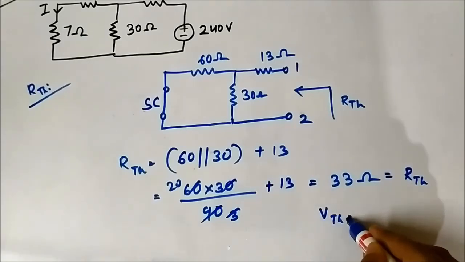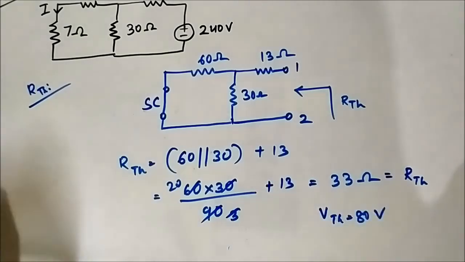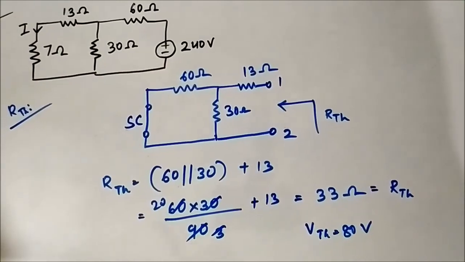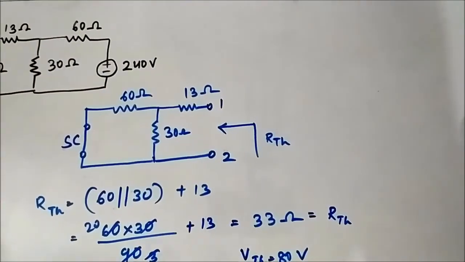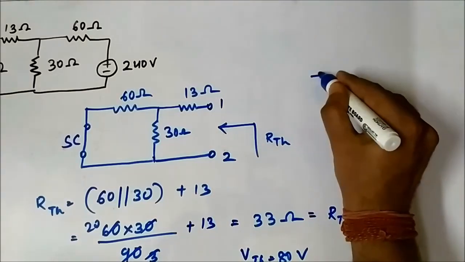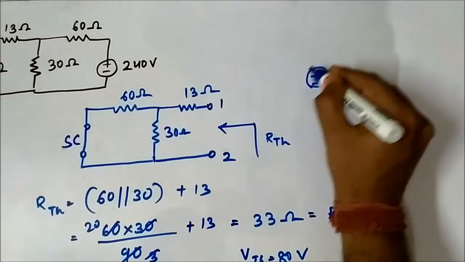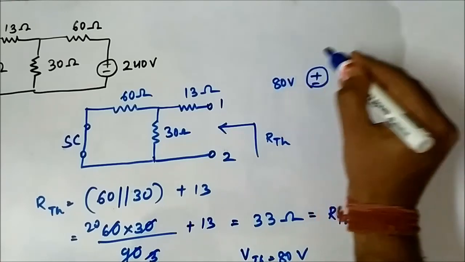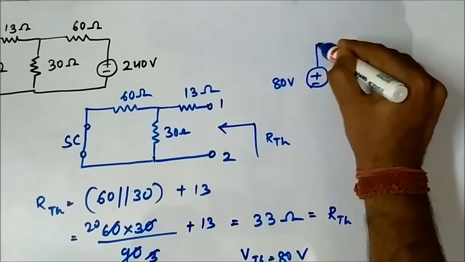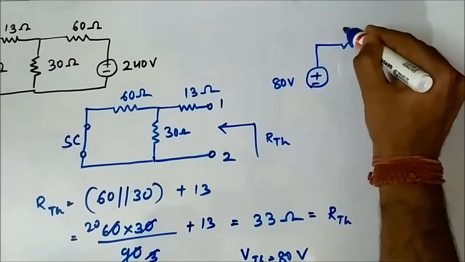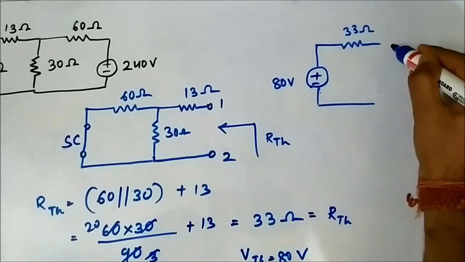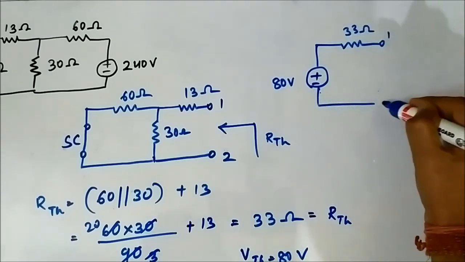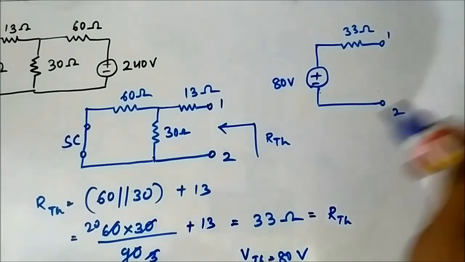So the Thevenin equivalent circuit can be drawn like this: 80 volts VTH, RTH is 33 ohm, across points 1 and 2.